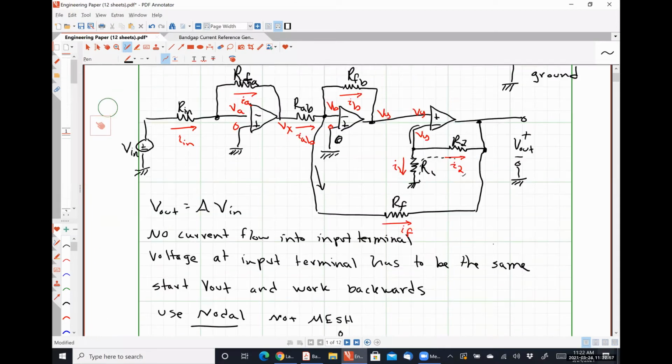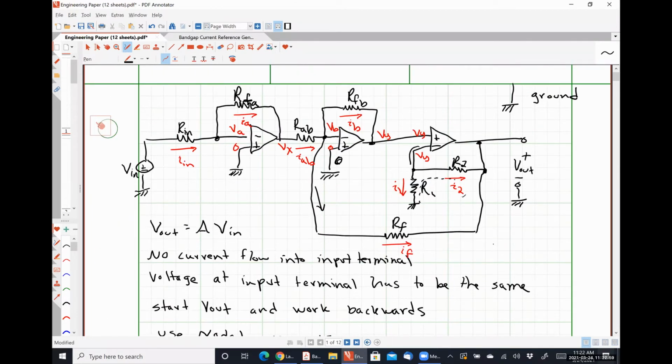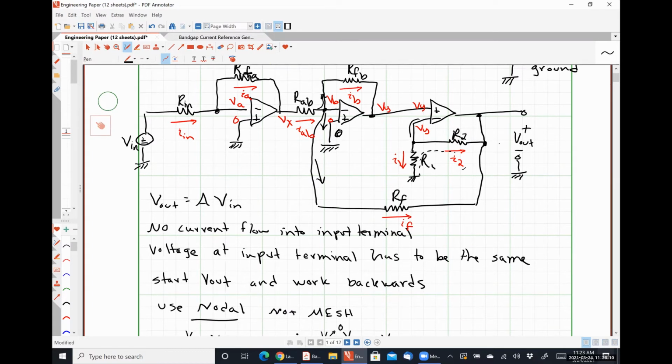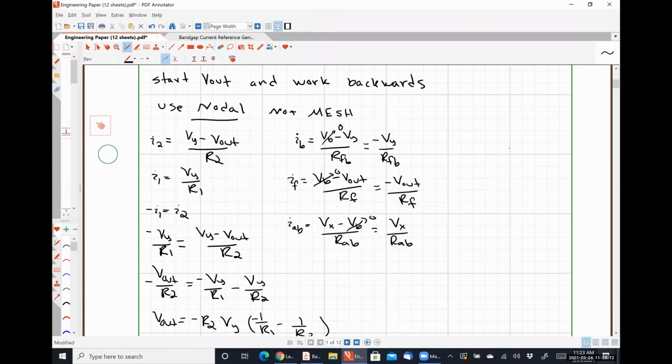Now, going back up here, since the current cannot enter our op amp from the input terminal, IAB has to split at this junction and go up and down, right? And so we can write the equation IAB equals IB plus IF. They have to be equal.